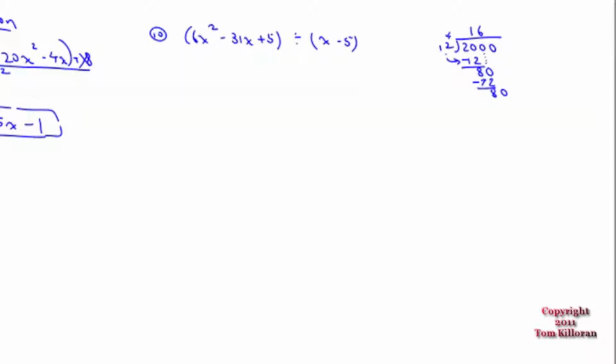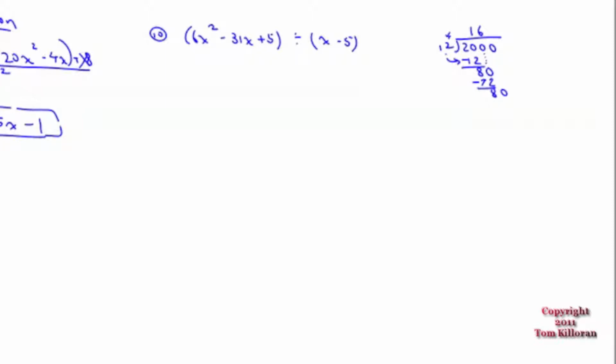Okay, so that's the idea behind doing it with polynomials, because x minus 5 is just a number. It goes back to that definition of what algebra represents. What's algebra represent? A number. So x minus 5 is just a number, and it's being divided into another number, so it should follow the same laws as numbers.